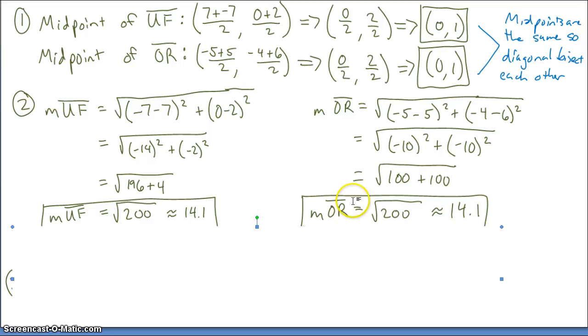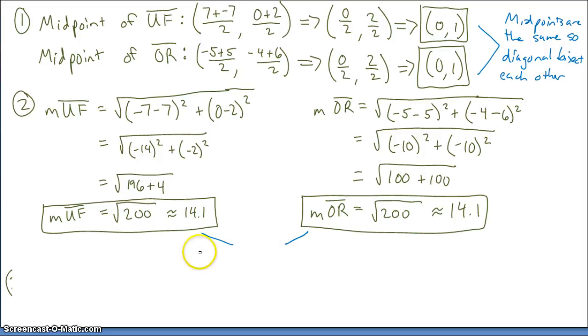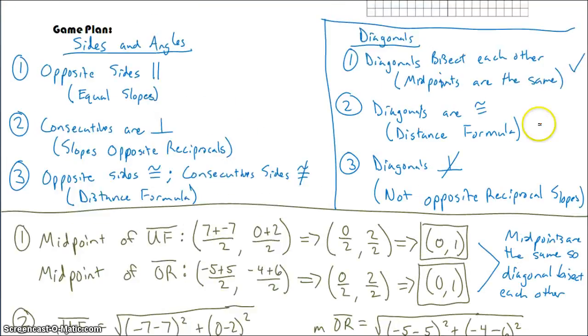I want to show that my two diagonals are congruent to each other by showing that their lengths are the same. The measure of UF is equal to the measure of OR, which tells me my diagonals are congruent. So I've taken care of step 2.